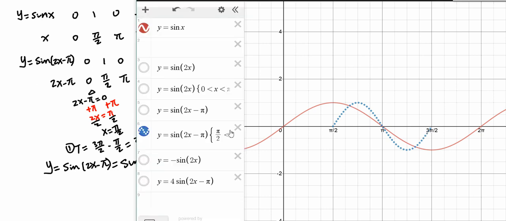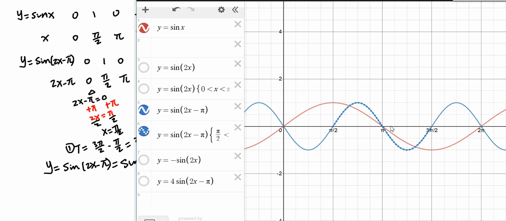If we do not do the one period, the whole thing will be like this. That will be the graph for sine 2x minus pi, without considering the period change, the range change from 0 to 2 pi.